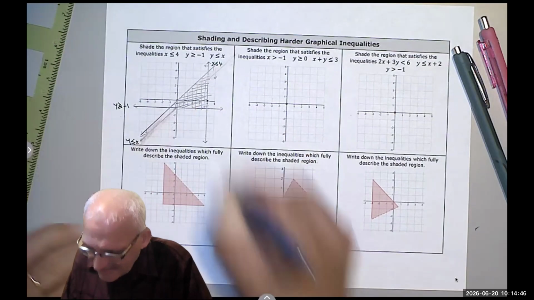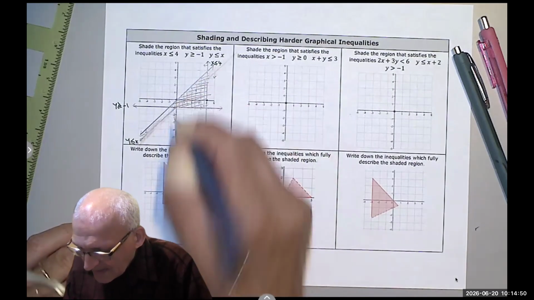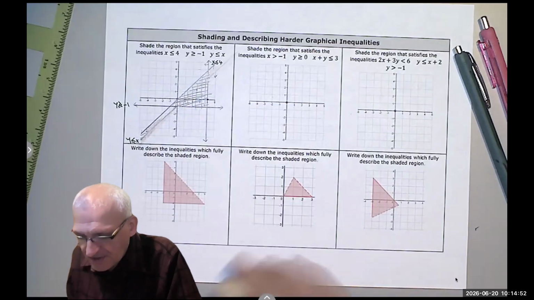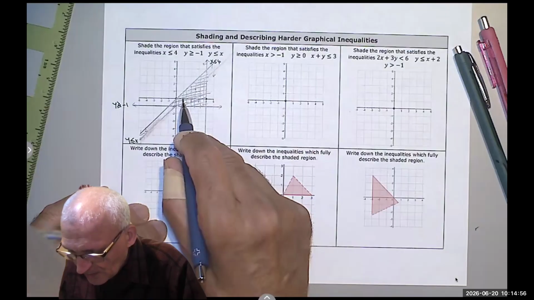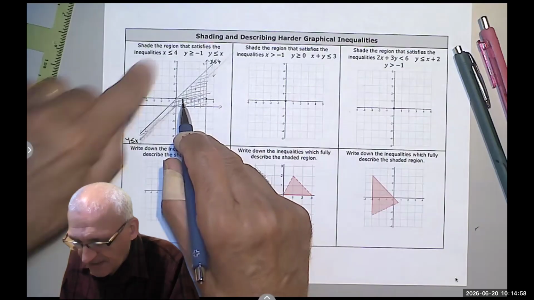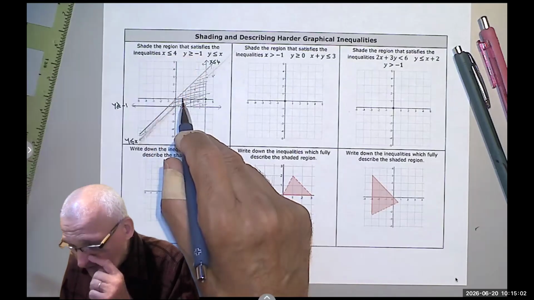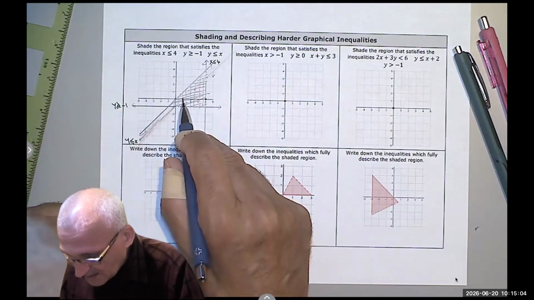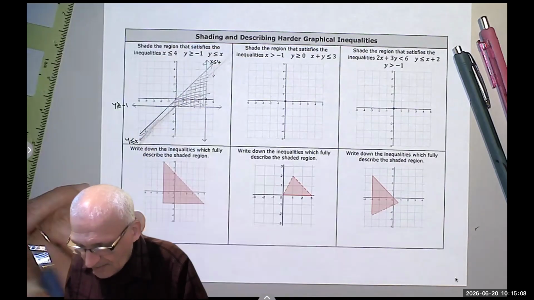So any point here inside of this triangle satisfies all three equations. For example, if I pick this point, x is 1, y is 0. X is 1 meaning it's less than 4. Y is 0 meaning it's greater than or equal to negative 1. And y 0 is less than 1. So I'm right.